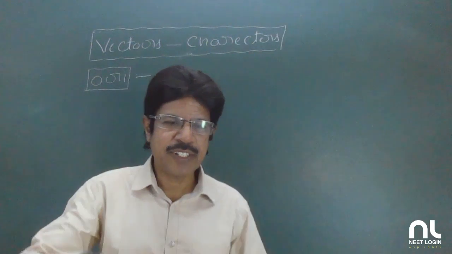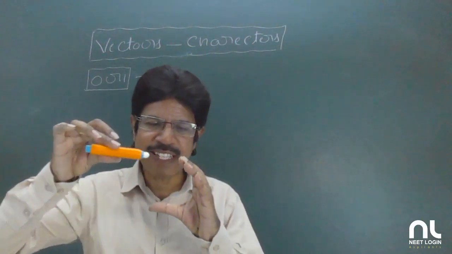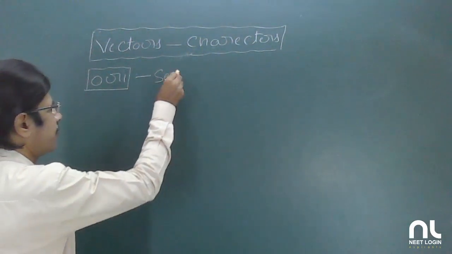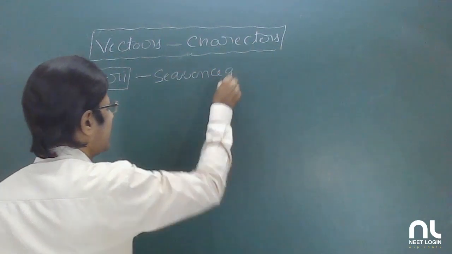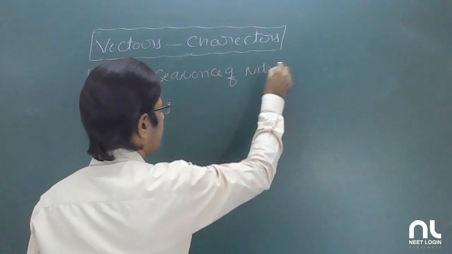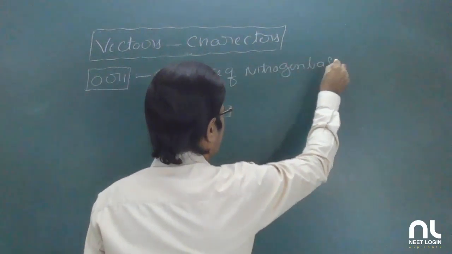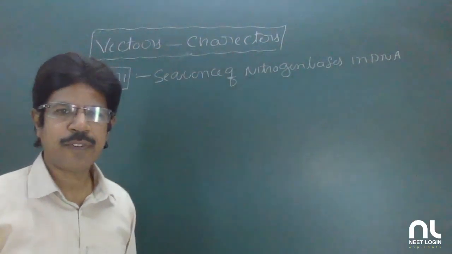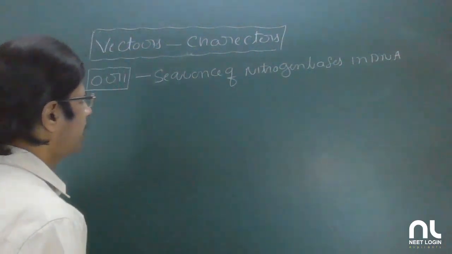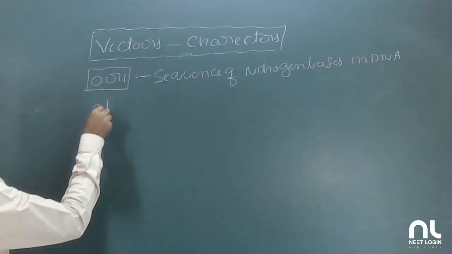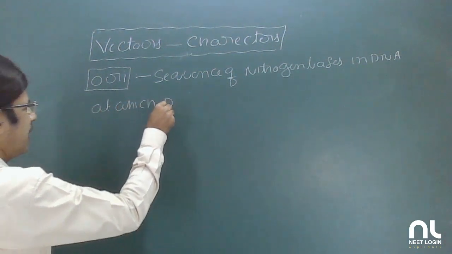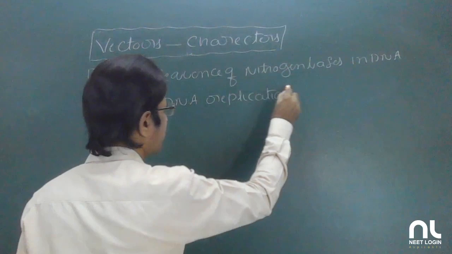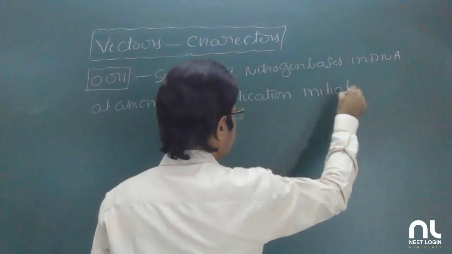So foreign gene is not inserted in ori, it is linked to ori. So ori is a sequence of nitrogen bases in DNA at which DNA replication is initiated.